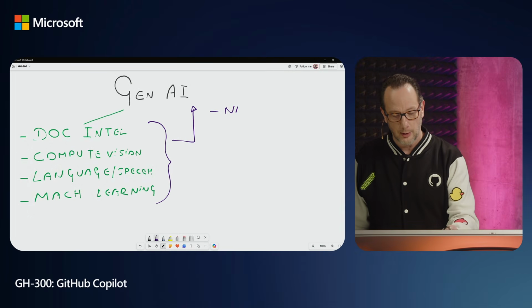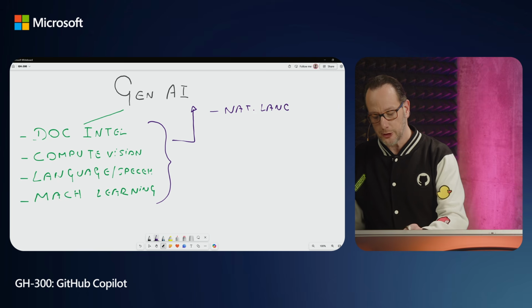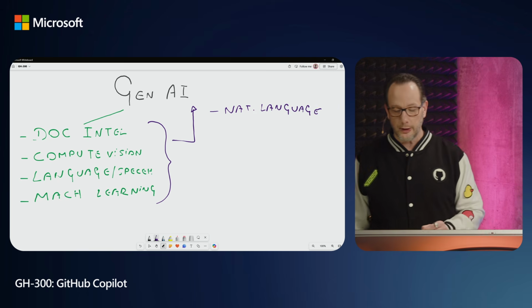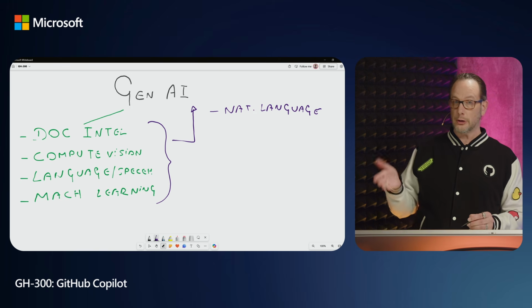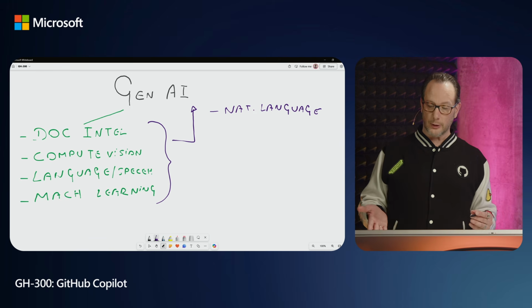Now, what is the characteristic of generative AI? One of the big ones, if you think about the launch of OpenAI ChatGPT about 3 years ago, is natural language. That means you can ask questions, you can run prompts that I'll talk about later on, using your natural language, even technically your native language.